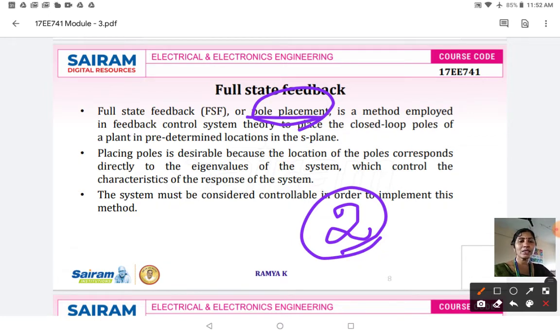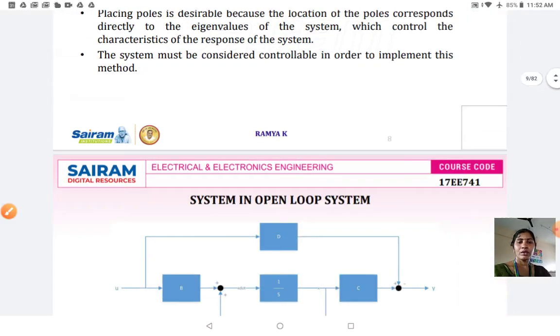Placing the poles at the desired location corresponds directly to the eigenvalues, and also we know how to identify the eigenvalues, and using methods like the direct decomposition method, transformation matrix method, and Ackermann's formula, it is possible for us to identify the location of the poles from the desired eigenvalues.